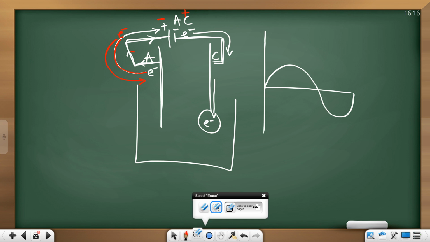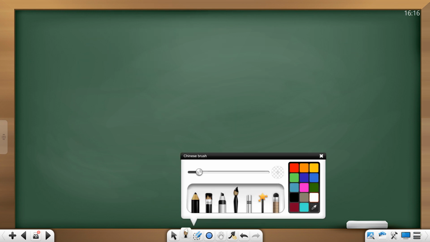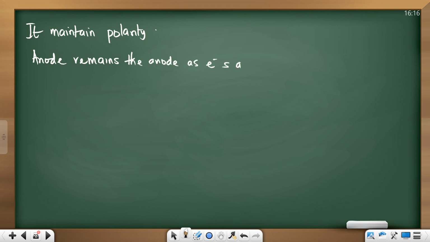All right. So it maintains polarity. Is that okay? It maintains polarity, or to maintain polarity. The anode remains the anode as electrons are lost and gained at the cathode.